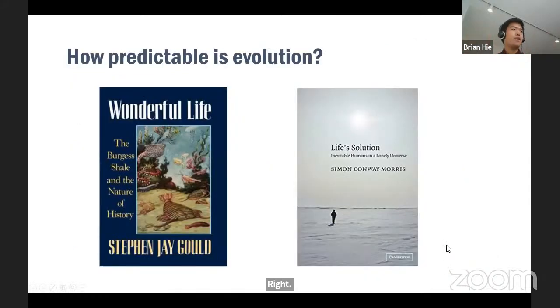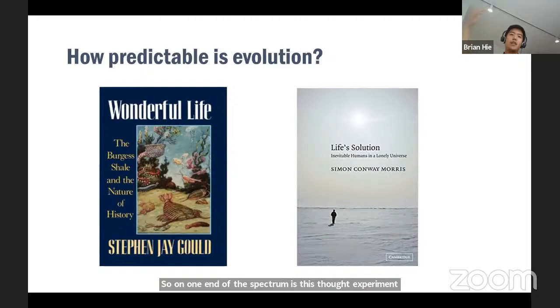To begin, I just want to motivate this talk with a really high-level, pretty fundamental question in biology: how predictable is evolution? On one end of the spectrum is a thought experiment by Gould, where you rerun the evolutionary process, starting with the universal common ancestor again, for all life on Earth.